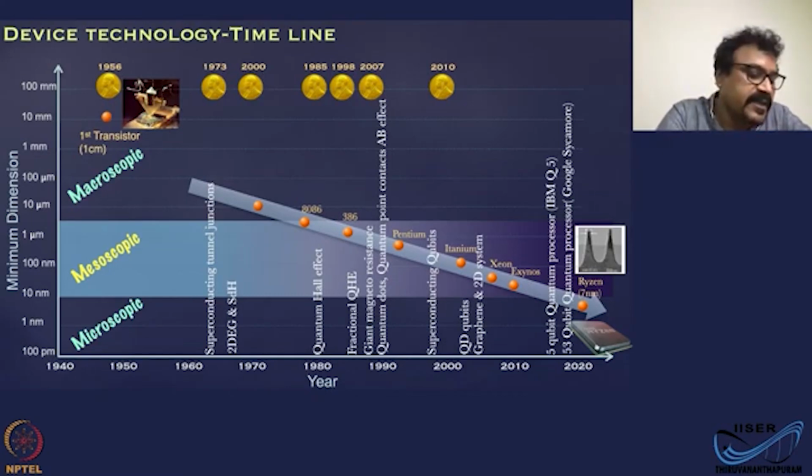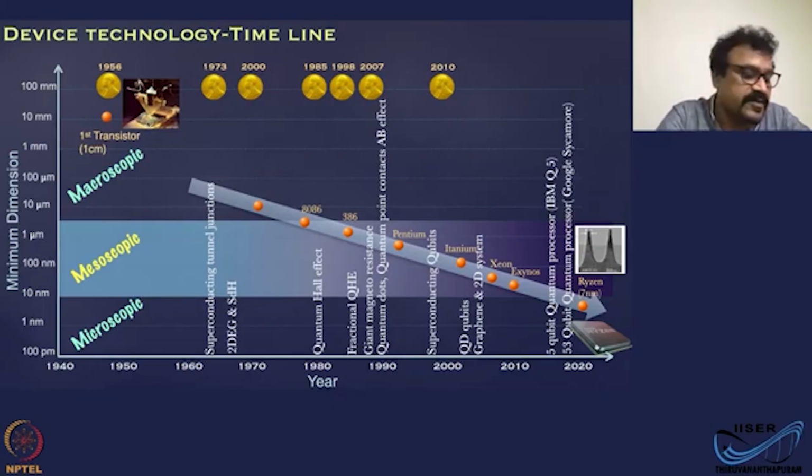And later, close to 2020, in the later part of the post-2010 period, multi-qubit systems have been demonstrated. And recently, a large number of qubits have been integrated, and a processor has been demonstrated by Google.